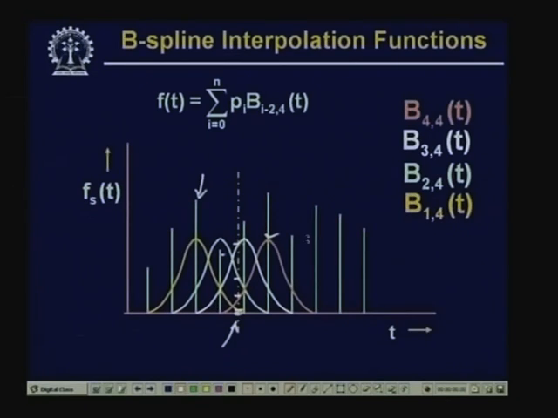So, by taking this weighted average, the weights given by these B-spline functions, I can find out what will be the interpolated value at this particular location.